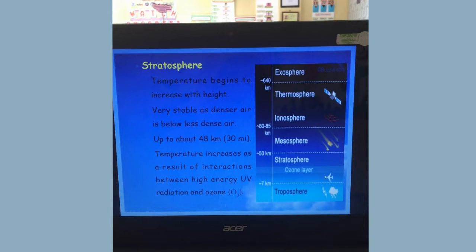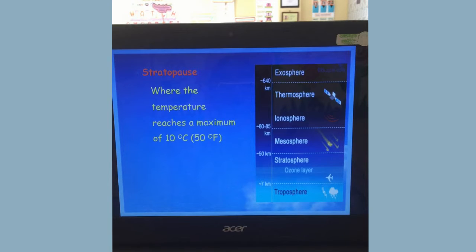The ozone layer helps trap the UV rays that keep us safe from the cancerous rays of the sun. The ozone is very beneficial to human life. Next is the stratopause, where the temperature reaches a maximum of 10 degrees Celsius.